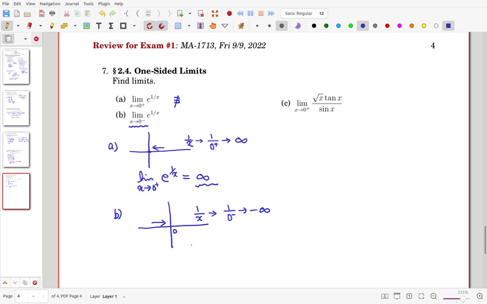So e to the 1 over x is approaching e to the minus infinity, which will be 0. So from the right side, the value is blowing up. From the left-hand side, the value is becoming 0.